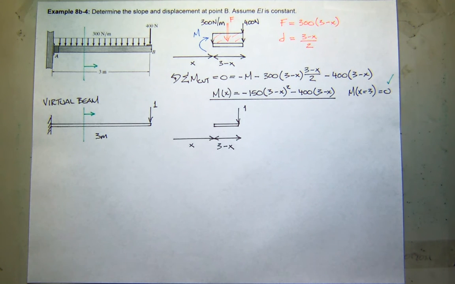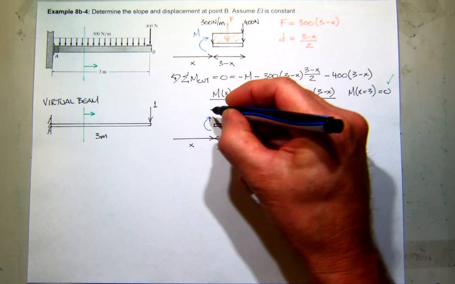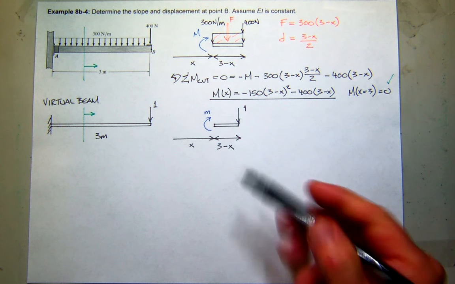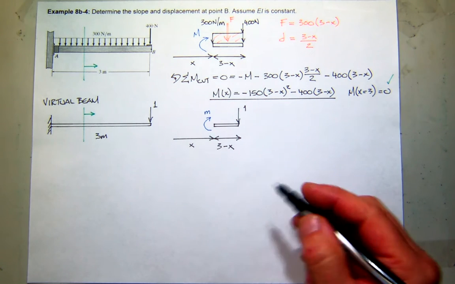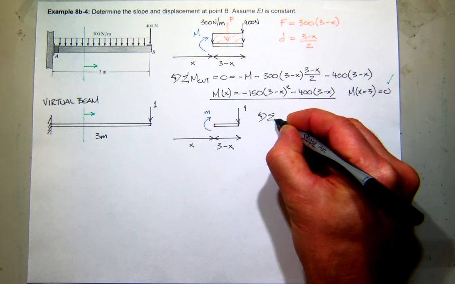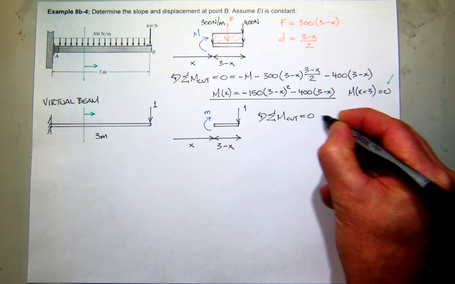And then what's the moment? Well, I'll assume positive bending moment. This is the virtual moment, so I'll use the lowercase m. Well, that's not too bad. In fact, if I sum moments about the cut in my virtual beam, what do I get?